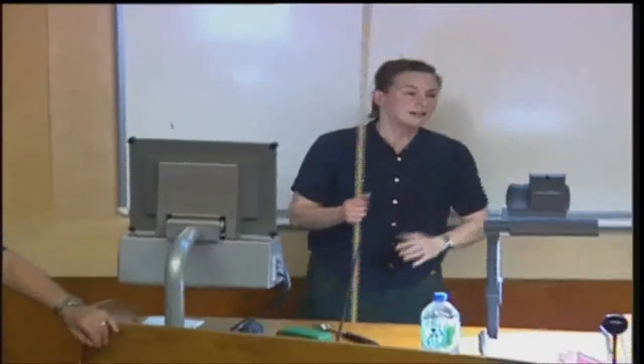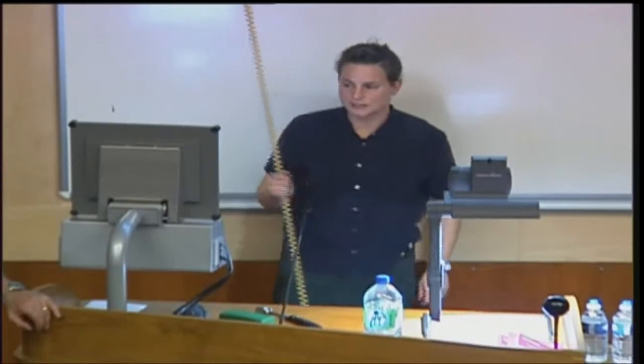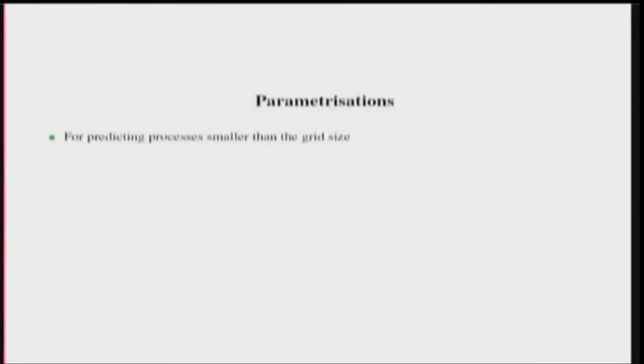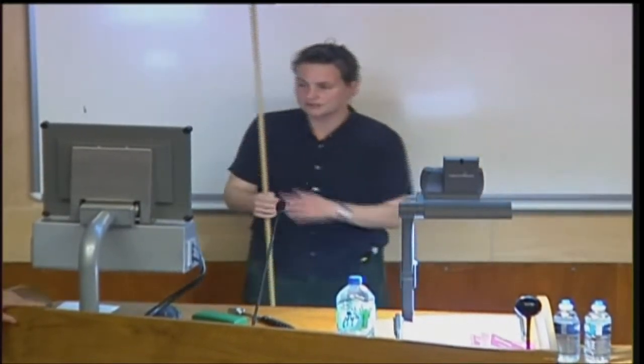The answer, and this is where climate models lose a lot of accuracy and there's a lot of work to be done, is parameterizations. They're a lot less mathematical and a lot less accurate for predicting processes that are smaller than the grid size. We can't solve the fundamental equations if all they are saying is that everything is constant in this grid box.